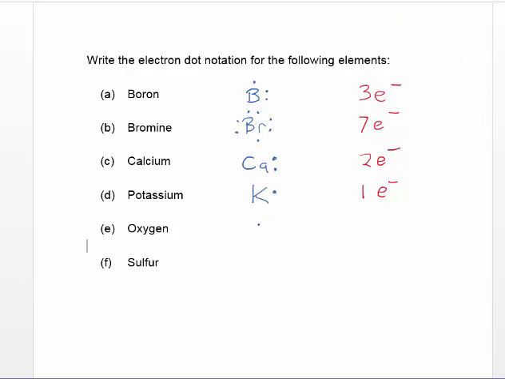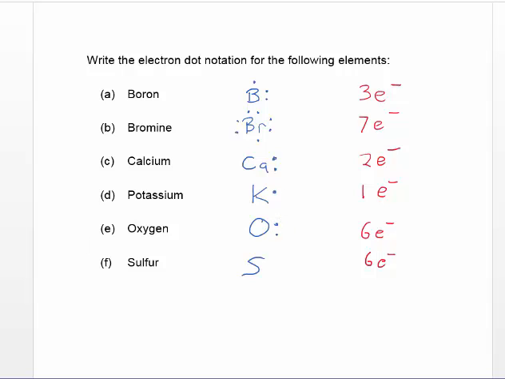Now our last 2 here, let's look at oxygen and sulfur. Oxygen and sulfur are right below each other, and they both have 6 electrons in their outermost shell. So they're going to have exactly the same electron configuration in their outer shell, and therefore the same dot notation, and that means they'll have very similar chemical properties.